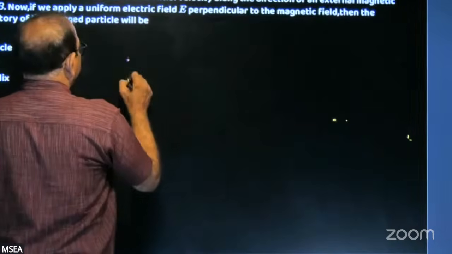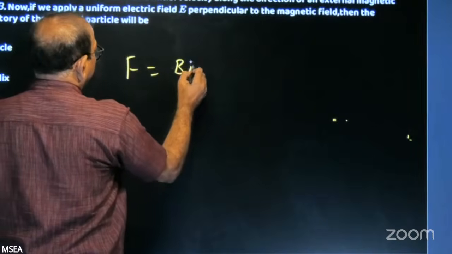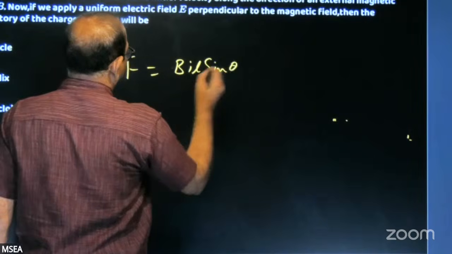Next, force on a current carrying conductor when kept in a magnetic field is BIL sin theta.